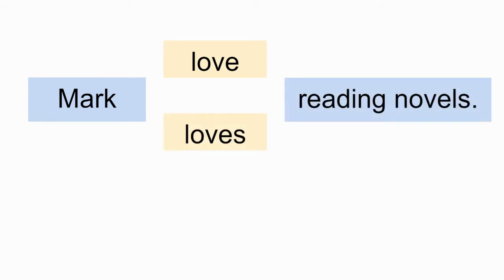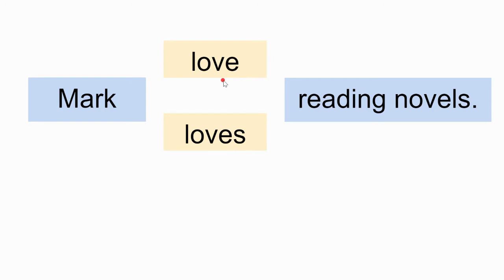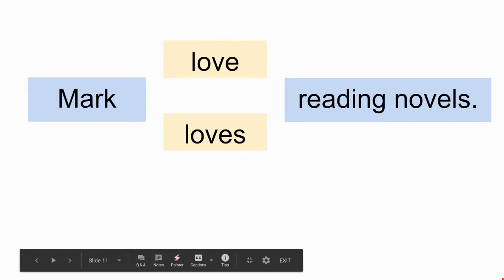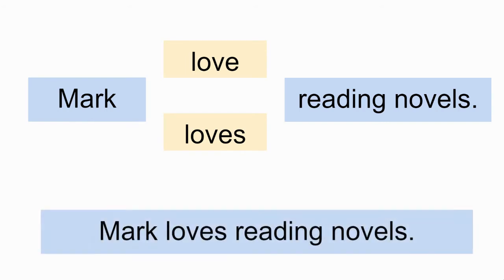If you are confused, the base form of the verb, love, is for plural subjects, while the S form of the verb, which is loves, is for singular subjects. Now, what is the correct verb that we will use? Very good. Loves. Mark loves reading novels.